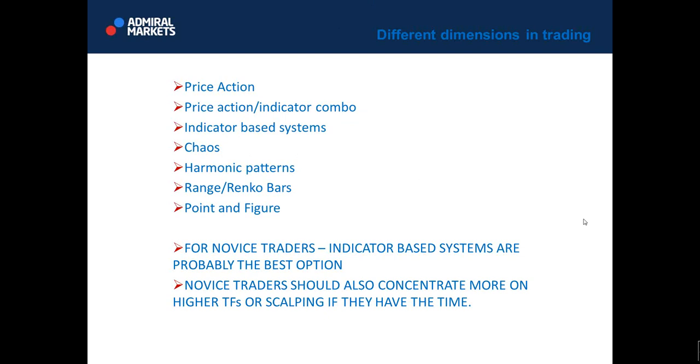So all of those are different dimensions in trading, and all of those dimensions can be pretty confusing if you don't know what to trade. So that is why I always advise traders to pick a dimension. Then when they pick a dimension, they need to pick a time frame for trading.